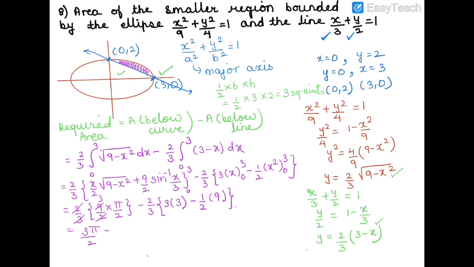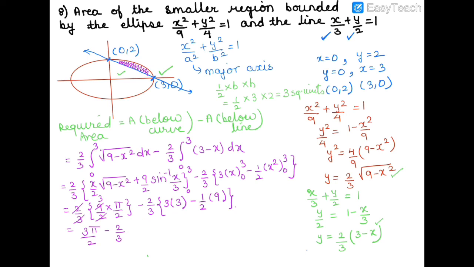And here I can take, if you wish, you can take out a 3 common outside and simplify. So what am I left with? 3 minus 3 by 2, like this. Or if you wish, you can keep it like this. So that's totally up to you.